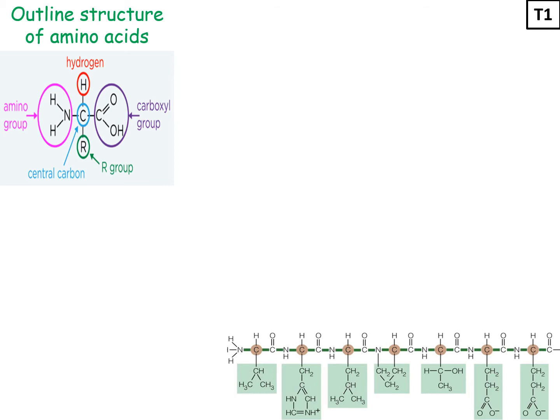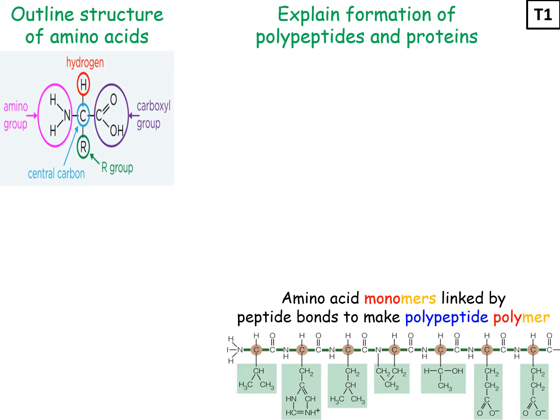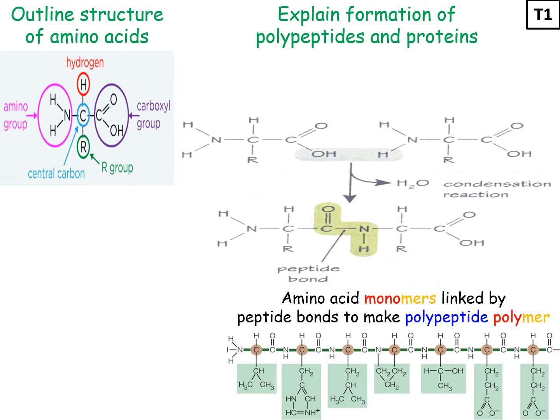Amino acids can be joined together because they are a monomer, and they are linked together when they react with each other to form a peptide bond, and this forms a polymer called a polypeptide. Explain formation of polypeptides and proteins.